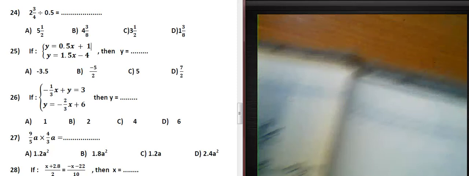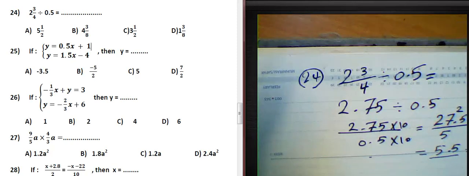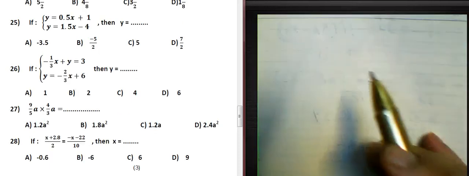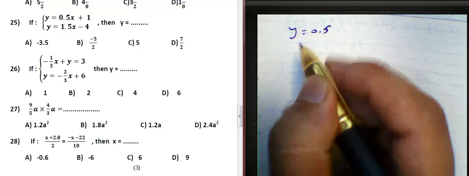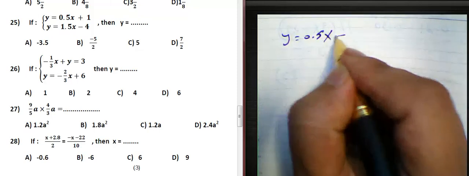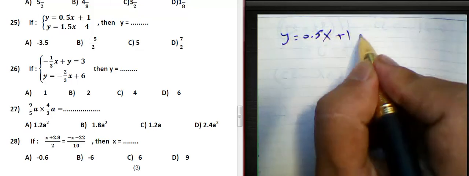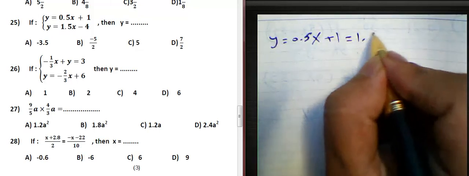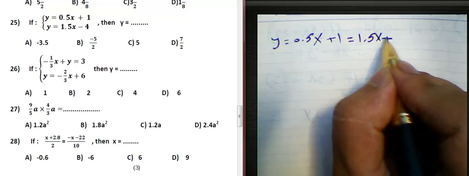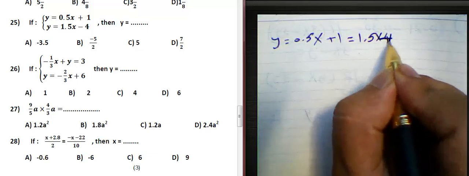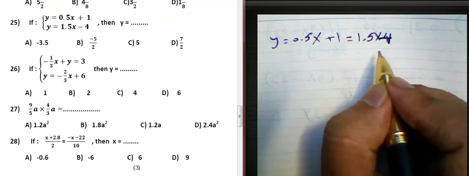And what about question 25? Question 25. If y equals half x plus 1 and y equals 1.5x minus 4, okay, we want to find y.